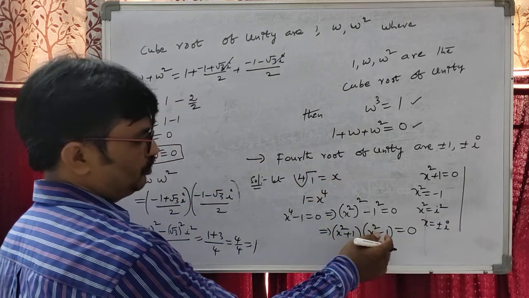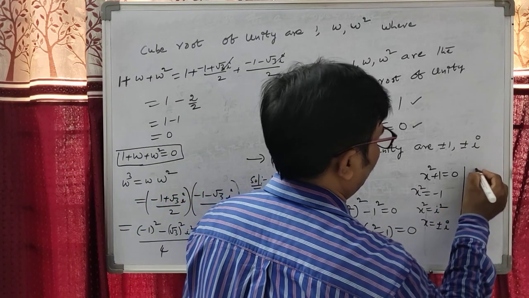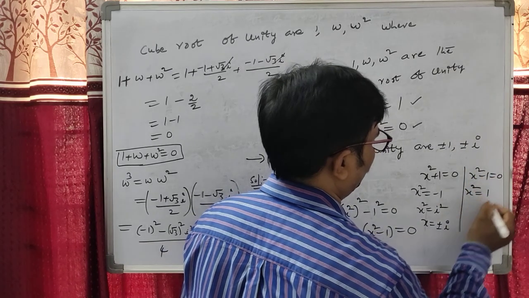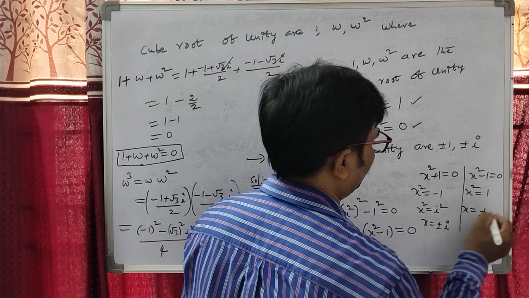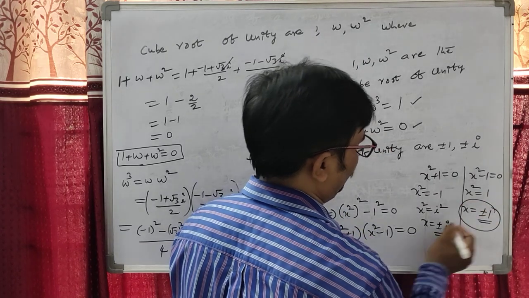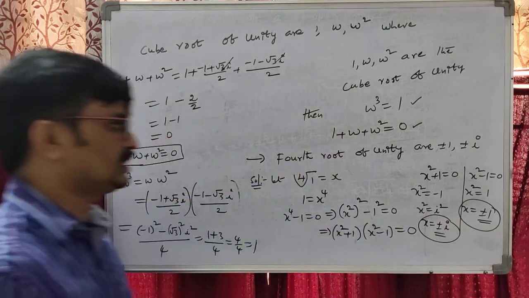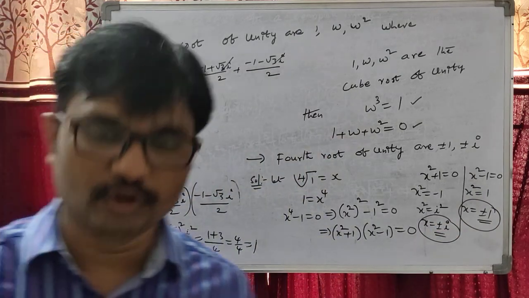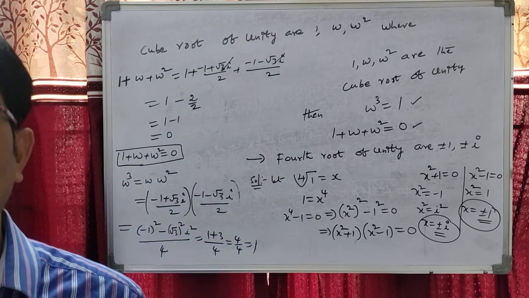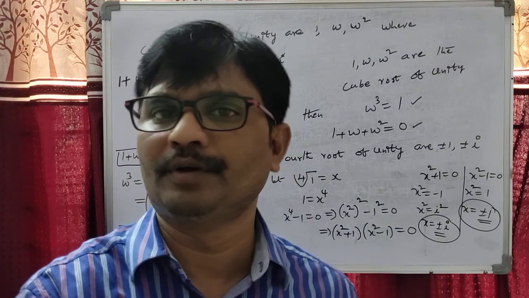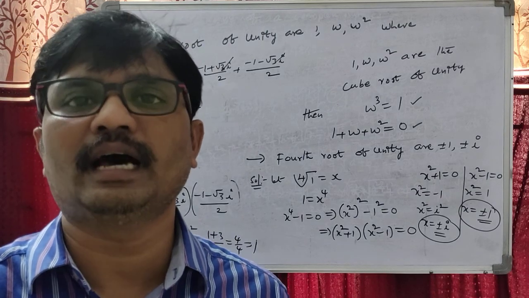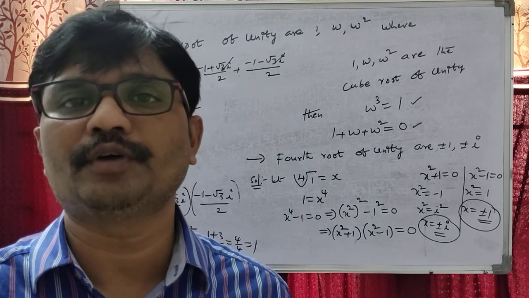After that, x square minus 1 equal to 0, x square equal to 1, x equal to plus or minus 1. So plus or minus 1 and plus or minus i are called the fourth roots of unity. 1, omega, omega square are called the cube roots of unity.